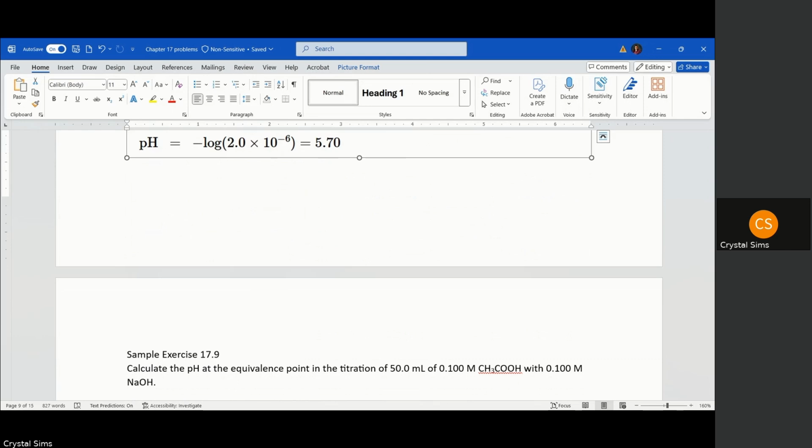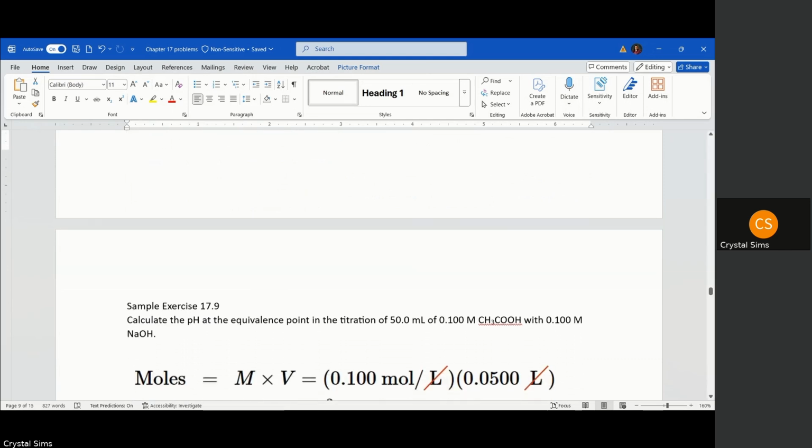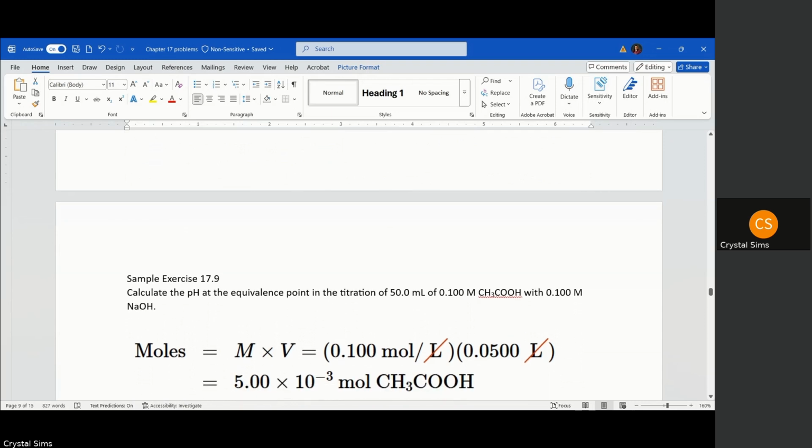It's a weak base, so then we can use Kb and the acetate concentration to determine our pH. So first things first, we have to get our number of moles. We take our molarity, which is 0.100 moles per liter, and we have 50 milliliters of that. So we have 5.00 times 10 to the negative 3 moles of acetic acid. So that's the first step.